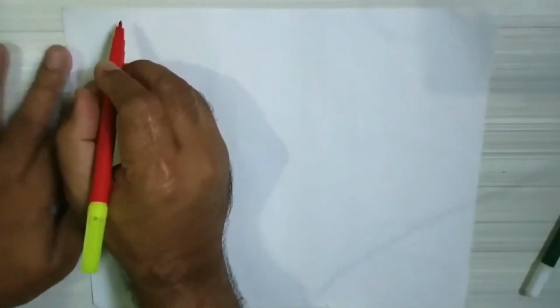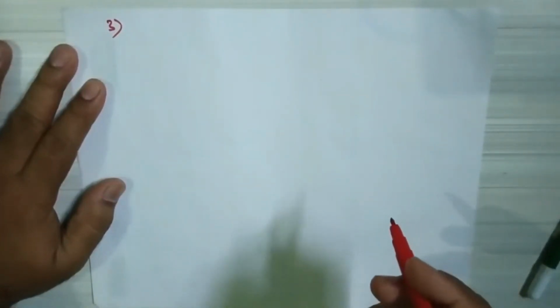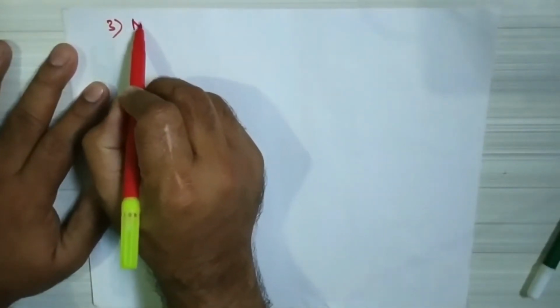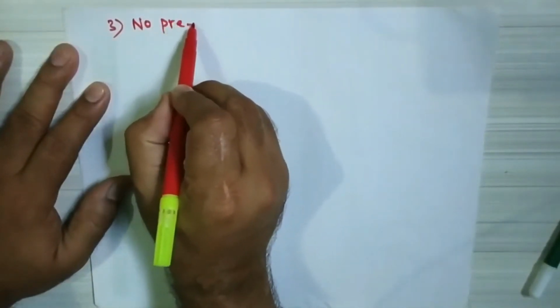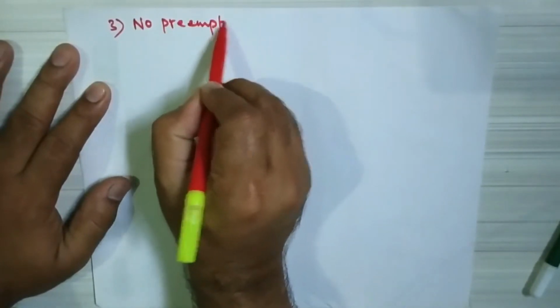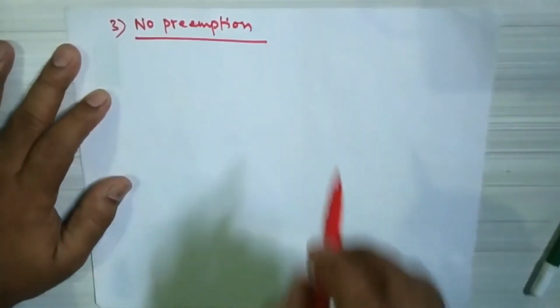Okay, the third condition. We are learning the conditions that are necessary and sufficient for deadlock to occur. The third condition is no preemption. This is the condition where no resource can be forcibly removed from a process holding it.